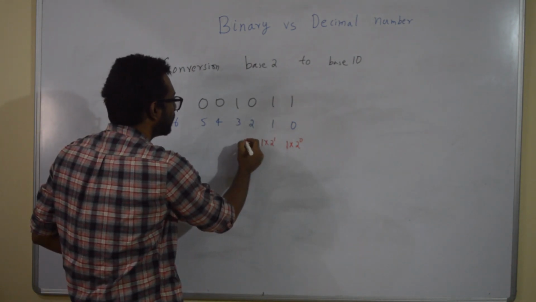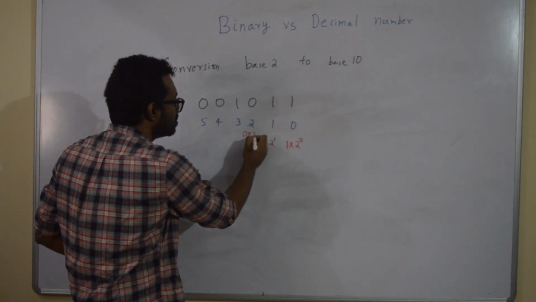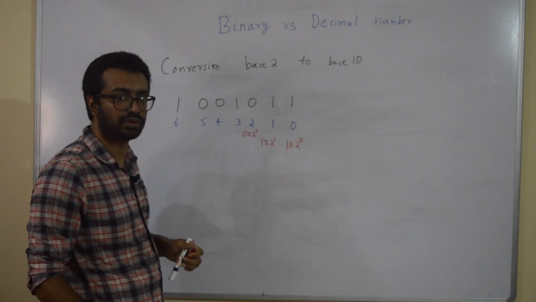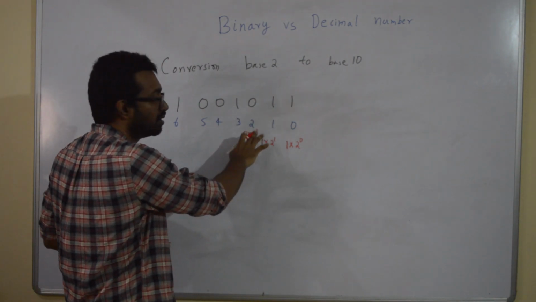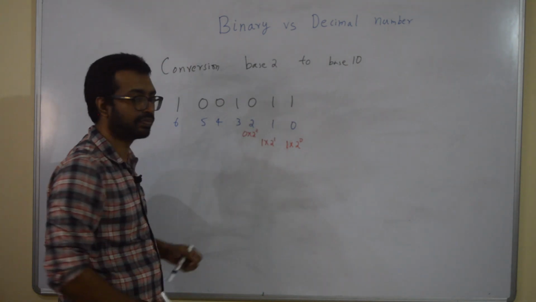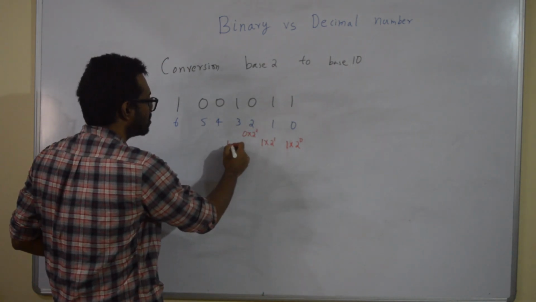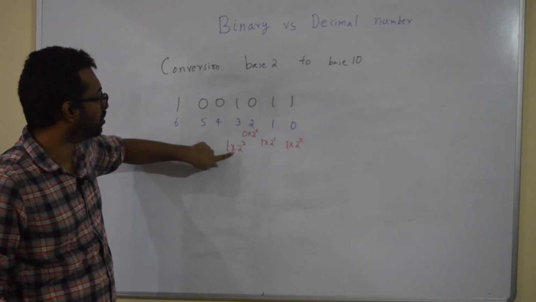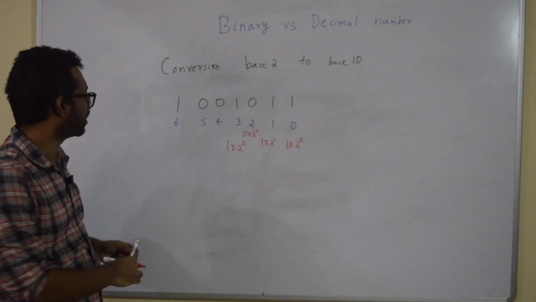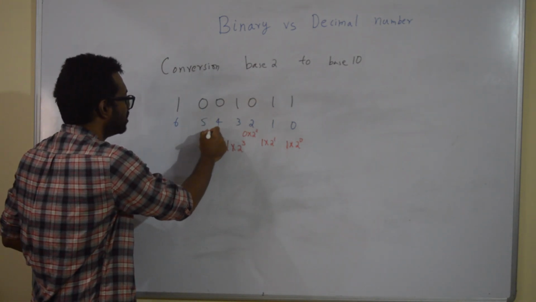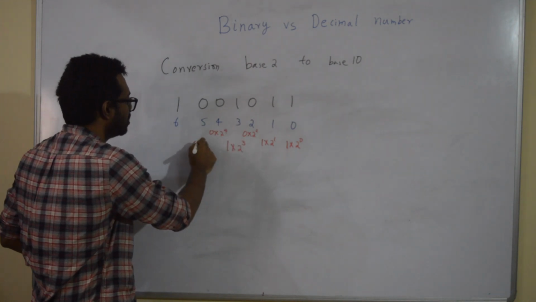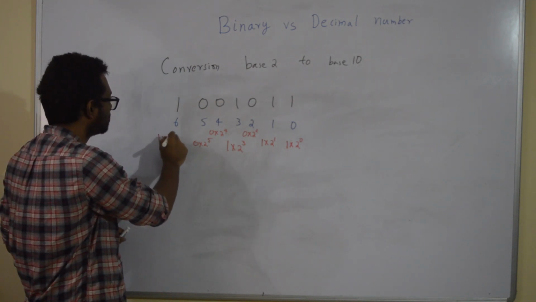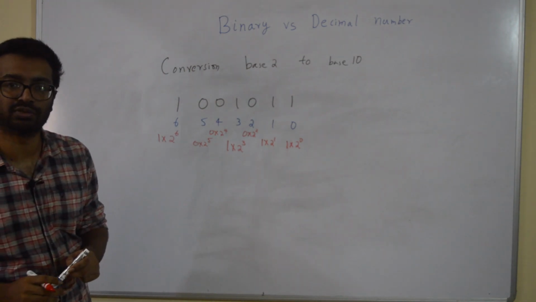This becomes 0 into 2 raised to 2. 0 comes from here, 2 comes from here. And this becomes 1 into 2 raised to 3. I mean, you got the pattern, right? These two will be 0 into 2 raised to 4, 0 into 2 raised to 5, and finally this will be 1 into 2 raised to 6.